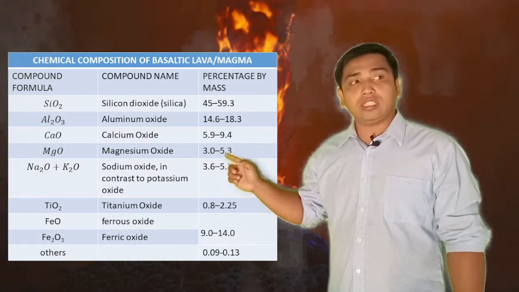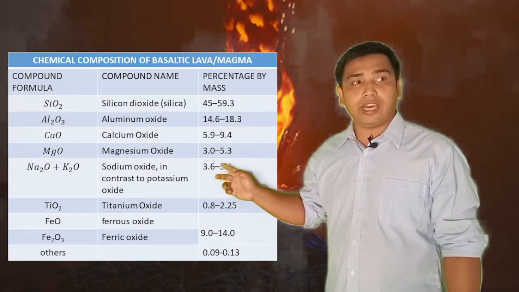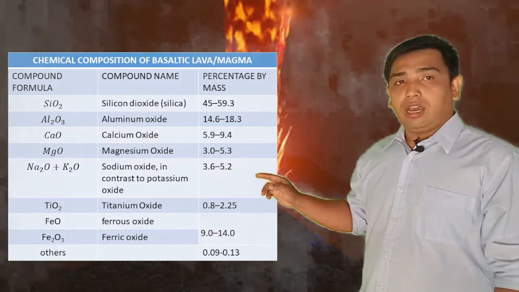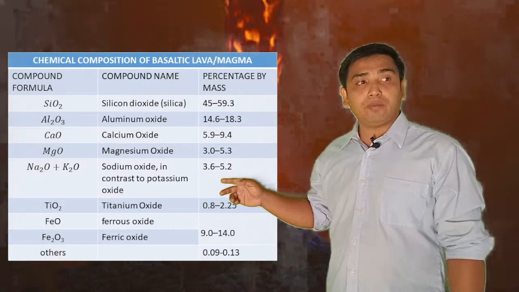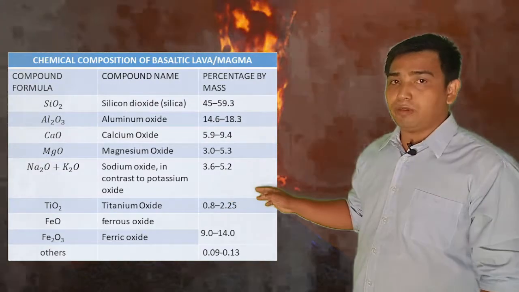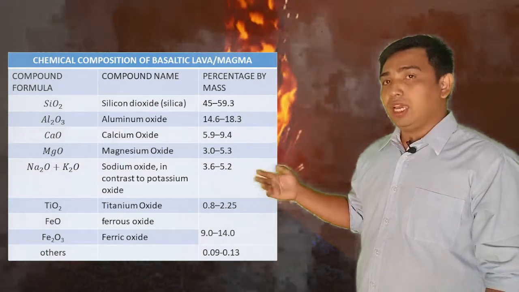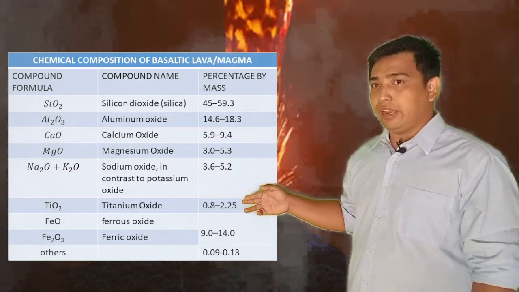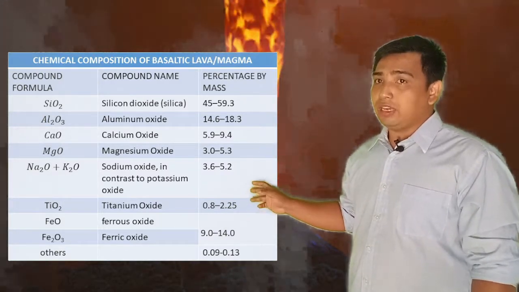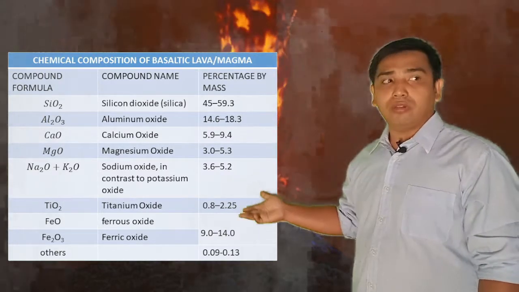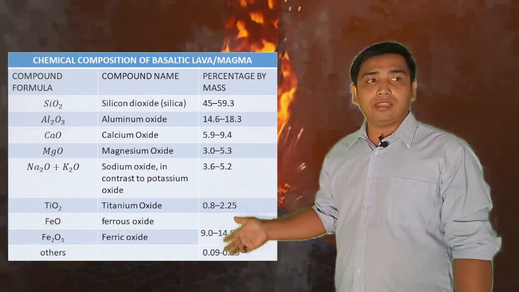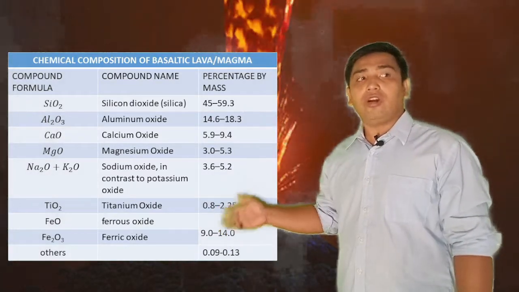It also contains calcium oxide, magnesium oxide, sodium oxide, and its relationship to potassium oxide. So this is very important because you can determine the type of lava that can be used for making gunpowders. We also have titanium dioxide.